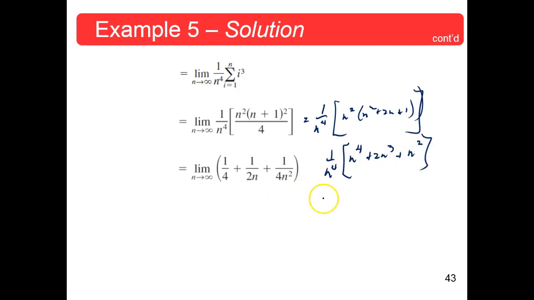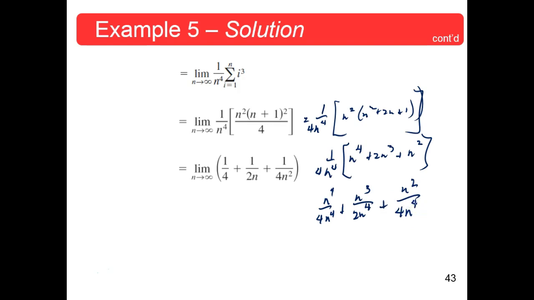I left off my 4. I said write it and I didn't write it. Okay, 4n to the 4th. I've got to slow down. n to the 4th over 4n to the 4th, plus 2n cubed over 4n to the 4th, plus n squared over 4n to the 4th.